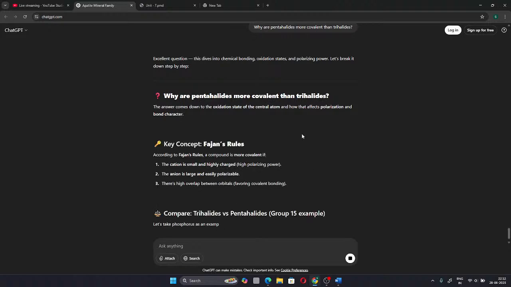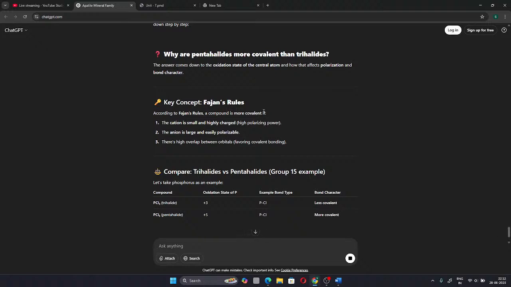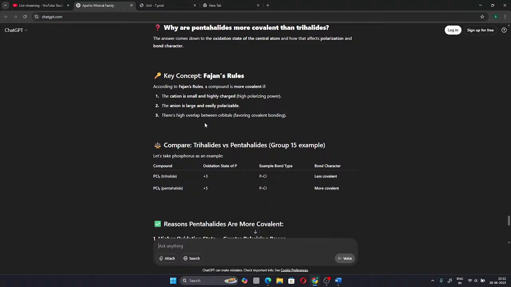Why are pentahalides more covalent than trihalides? According to Fajan's rule, a compound is more covalent if the cation is small and highly charged, with high polarizing power, and the anion is large and easily polarizable.